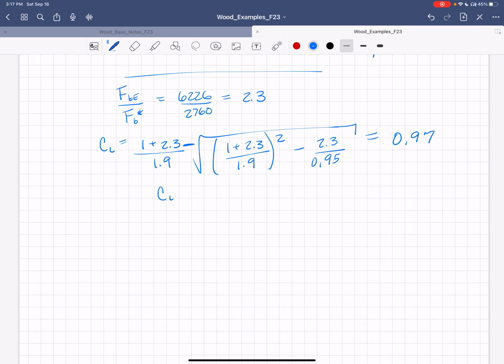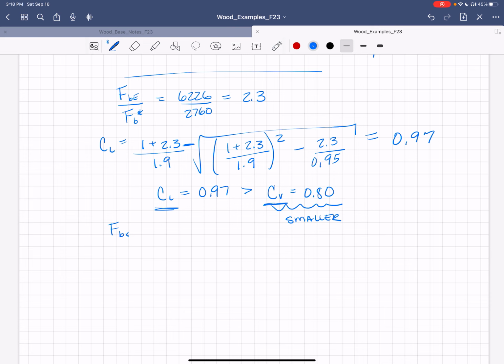C sub L is equal to 0.97, and that's greater than C sub B, which was 0.80. So we use the lesser one. After all that work to get C sub L, C sub B actually controls. It's the smaller. So all this was to get these two coefficients, and you take the smaller one.